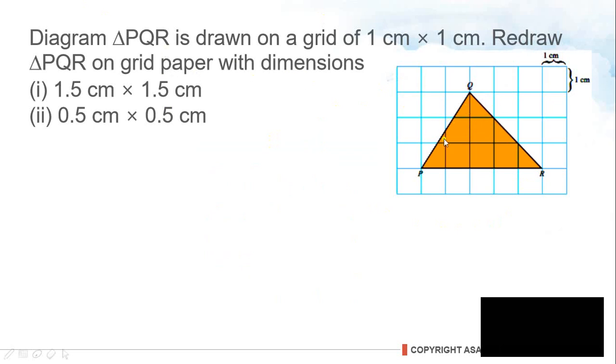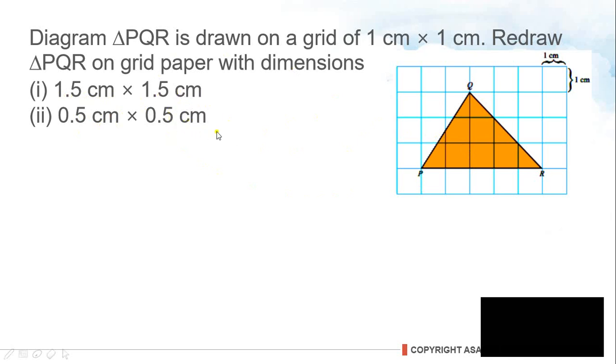Diagram triangle PQR is drawn on a grid of 1 by 1. Redraw triangle PQR on grid paper with dimensions of 1.5 by 1.5 and 0.5 by 0.5. Here, the only difference is the size of the grid.